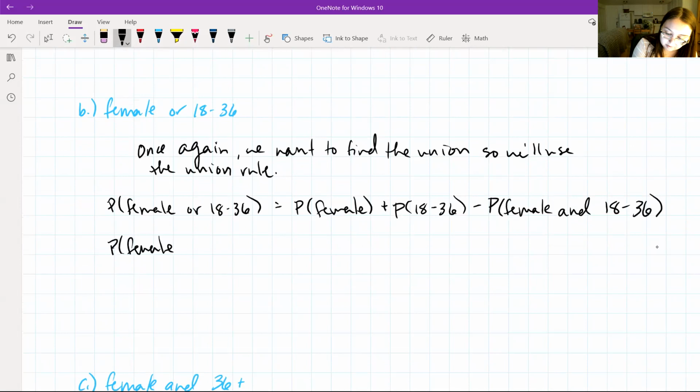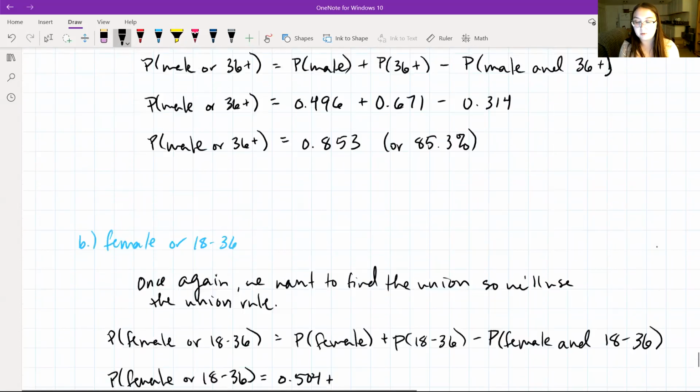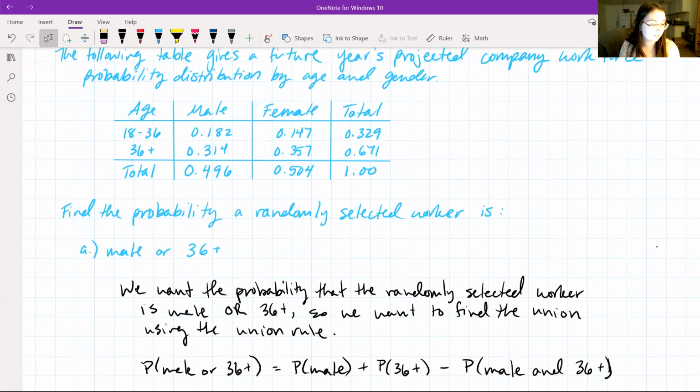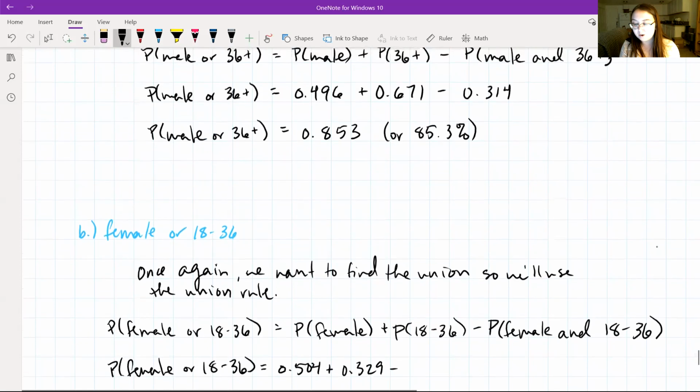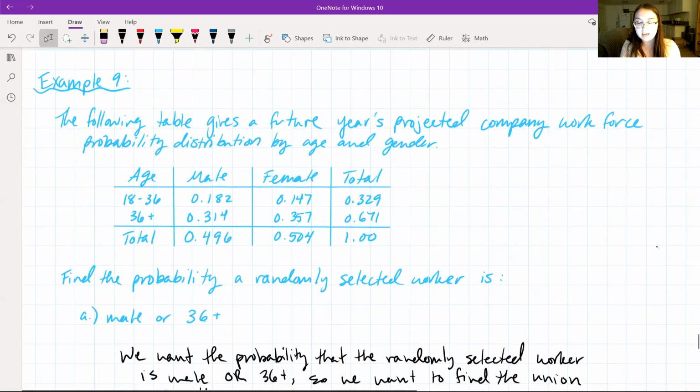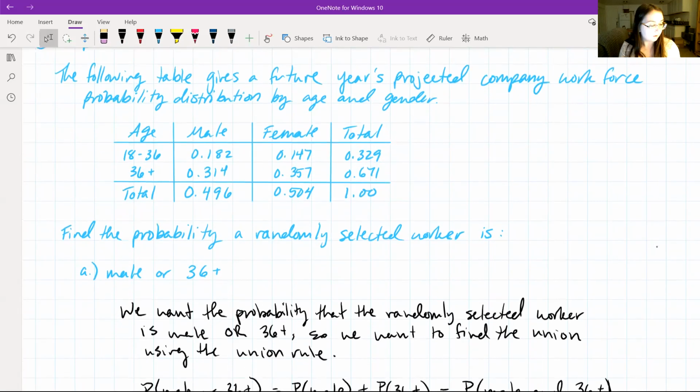So we can rewrite all of this: 0.504 plus the probability of a worker being 18 to 36, which is 0.329. And then remember, we want to subtract the probability of our worker being female and 18 to 36, which we see is this value of 0.147.